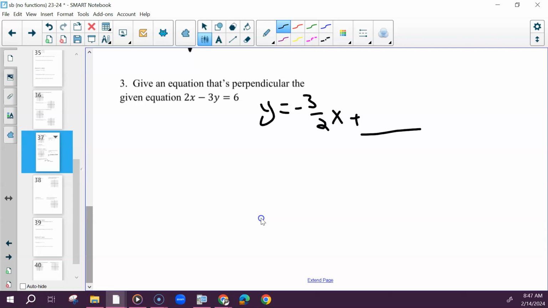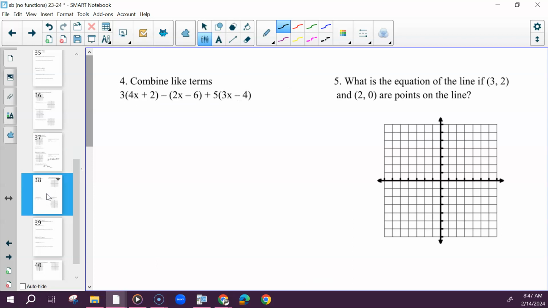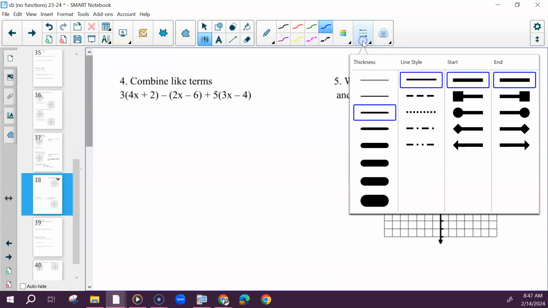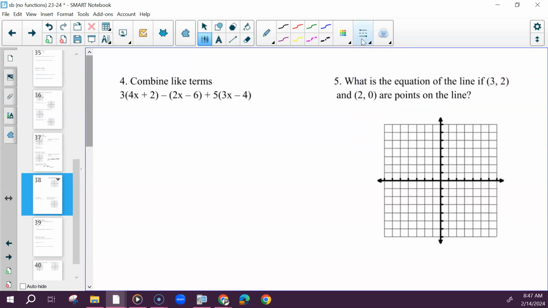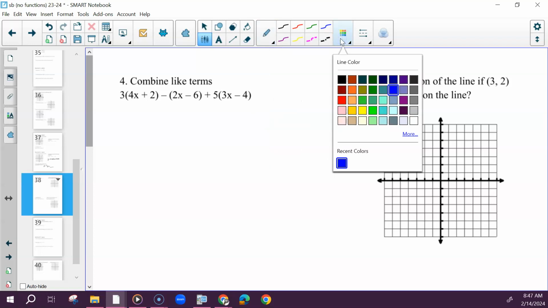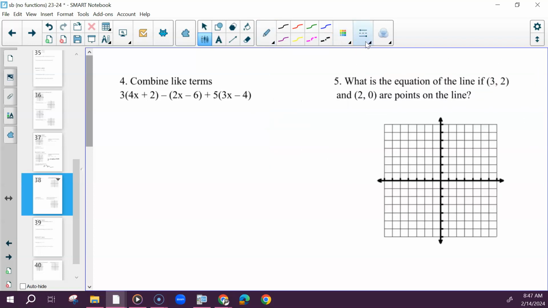And then number 4. If I were to combine the terms, I'll show this algebraically. I feel like I have done this in Desmos, but I'll show you how to check this in Desmos also. So this would be 12x plus 6 minus 2x plus 6 plus 15x minus 3. And then combine the terms.